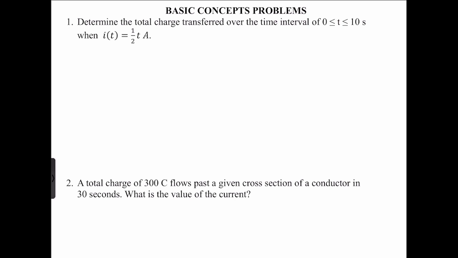The first problem, we're asked to determine the total charge transferred over a time period of 0 to 10 seconds when the current is as follows. So we know that the current i(t) is equal to the change in charge over the change in t.